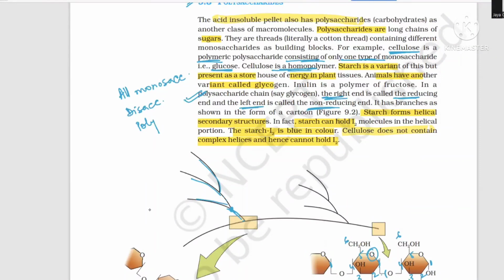Only one example, sucrose is a disaccharide which is a non-reducing sugar. Why? Because it is made with glucose and fructose, aldehyde and ketone. So all the functional groups are used. That is why we say sucrose is a non-reducing sugar.